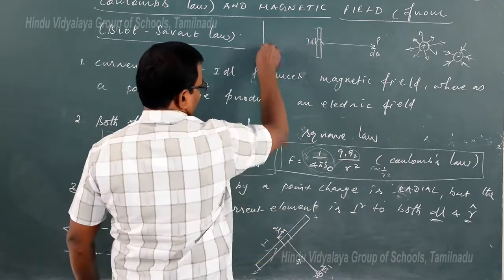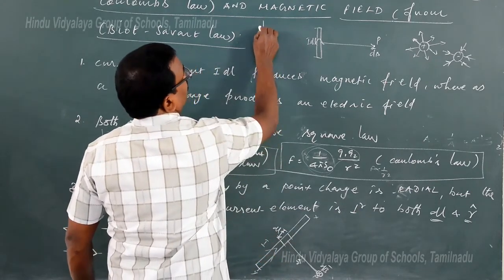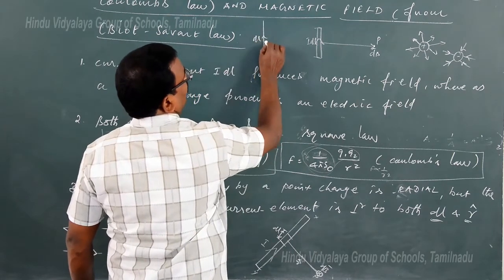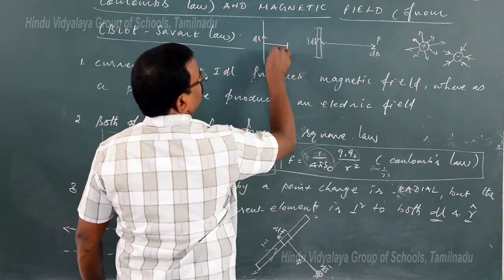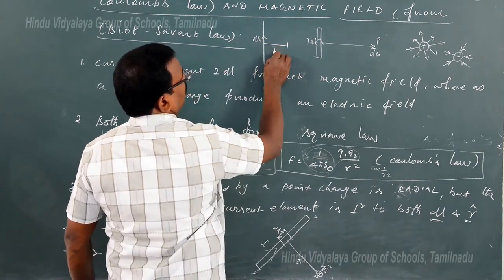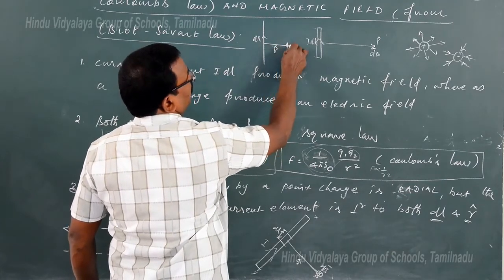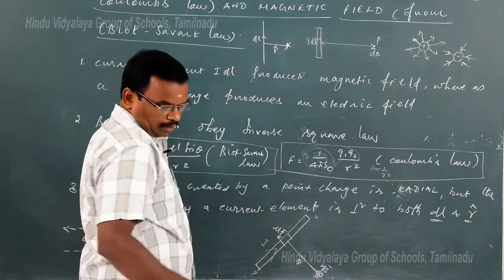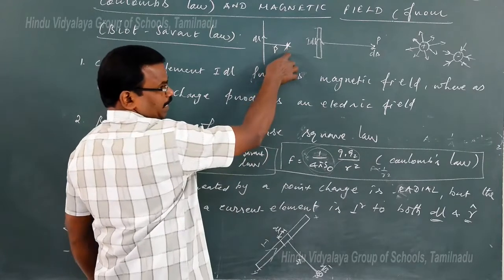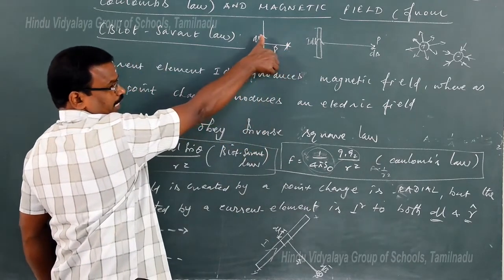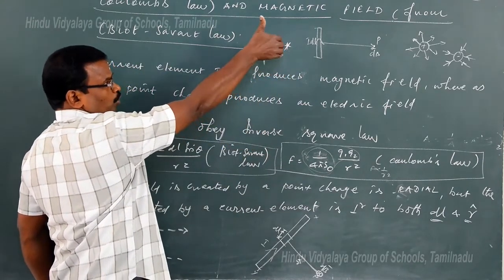So this is the conductor. The dl vector we take here, and this is the position vector r cap. At this point we have to find the magnetic field. This is the direction of the current, the thumb, by the right hand thumb rule.